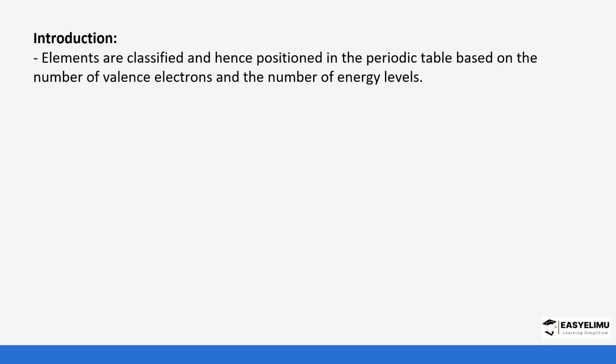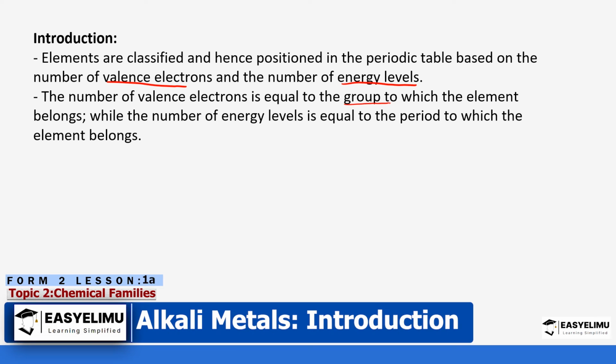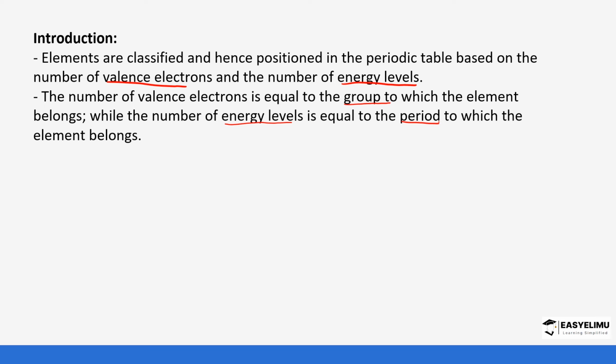Elements are usually classified on the periodic table depending on the number of valence electrons and also energy levels, which we discussed in the previous videos. The number of electrons usually determines the group to which the element belongs, and the number of energy levels determines the period to which that element belongs.